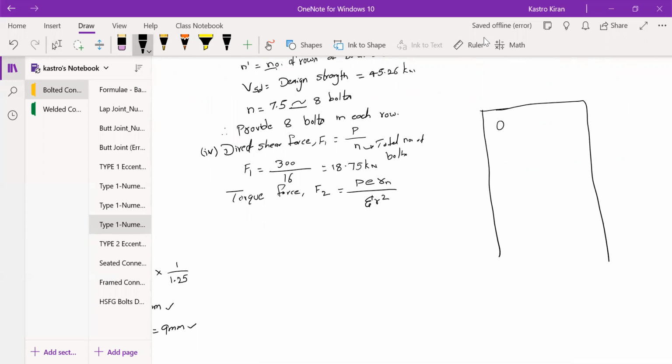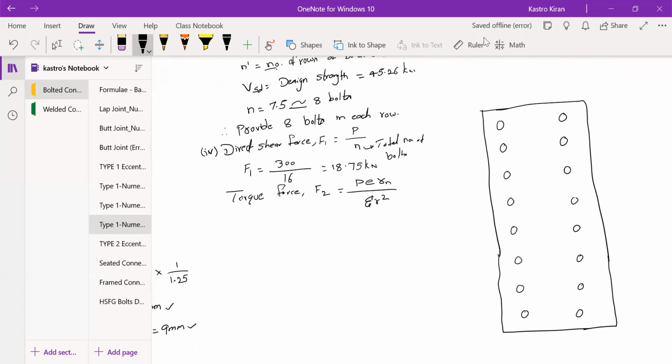So let us provide 1, 2, 3, 4, 5, 6, 7, and 8. So totally 8 bolts. In the second row also, we have to provide 8 bolts, 1, 2, 3, 4, 5, 6, 7, and 8. So on the whole, we are going to provide 8 bolts in each row. Now we can easily find out the center of gravity for this section.